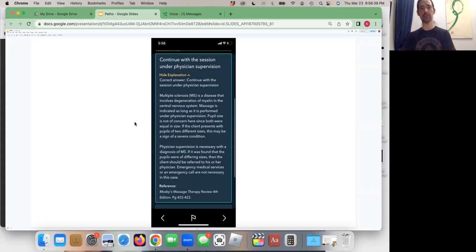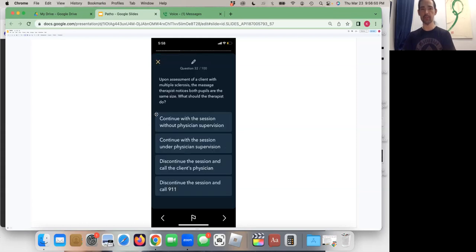If the client presents with pupils of two different sizes, this may be a sign of a severe condition. So multiple sclerosis, MS, is one of those conditions you always need a referral for. You always need physician referral, physician supervision.